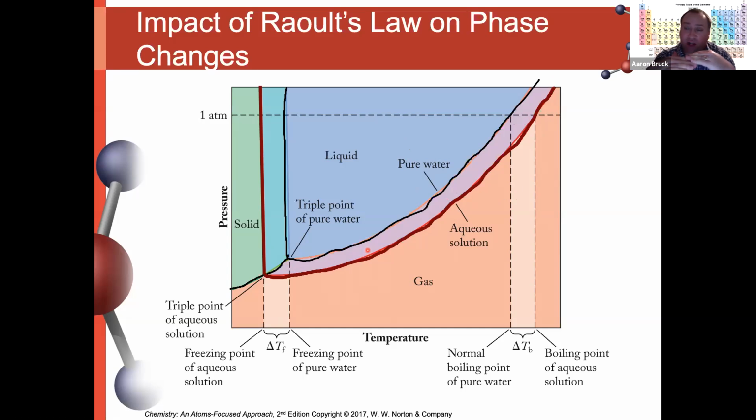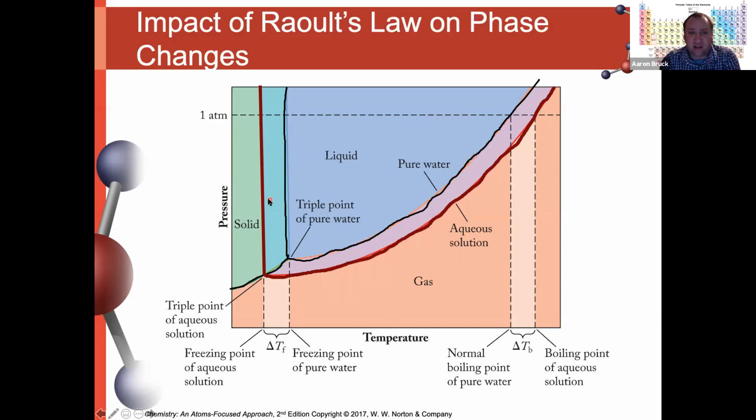And as we saw in chapter 6, a lower vapor pressure will lead to a higher boiling point because the forces are stronger, there are more to overcome, and so it's going to be more difficult to dissociate those forces from each other, especially if we're looking at something like salt and water. We've got to get the water to dissociate from those ions to go up into the gas phase. And when the forces are a good bit stronger, that means it's going to take more to do it.